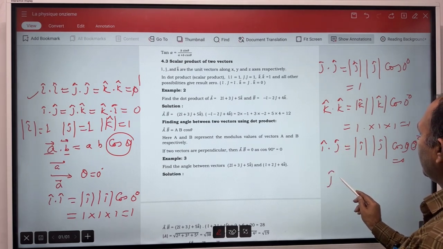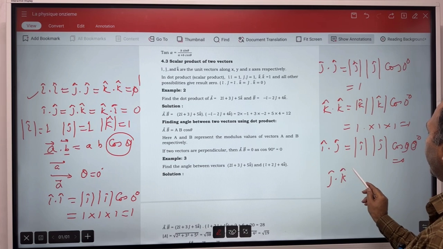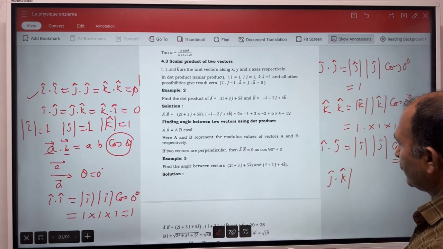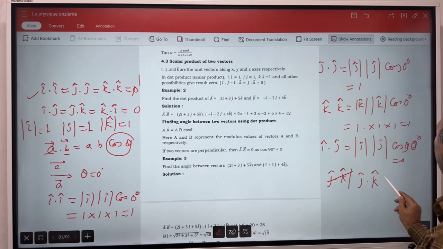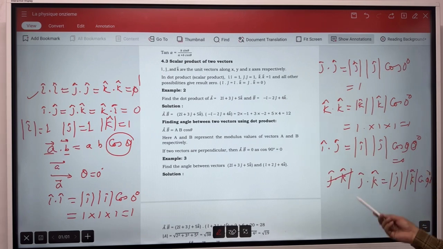Similarly, if you take J dot K, by same analogy, this will become modulus of J modulus of K times cos 90 degree, and cos 90 is 0, so result will be 0.